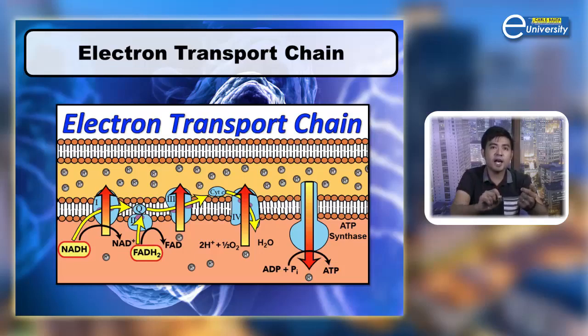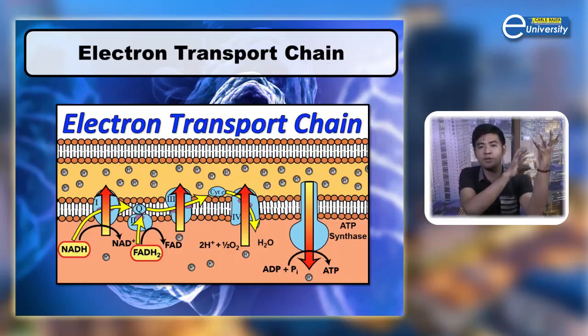These hydrogen ions will now travel outside the inner mitochondrial membrane. They will pass through the inner mitochondrial membrane. Now, when the hydrogen passes from the inner to the outer membrane, they create a concentration gradient, meaning there is more hydrogen outside than inside. So what will happen? Hydrogen will now travel from higher concentration to lower concentration.